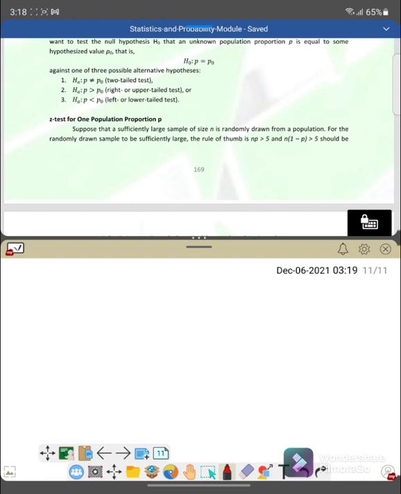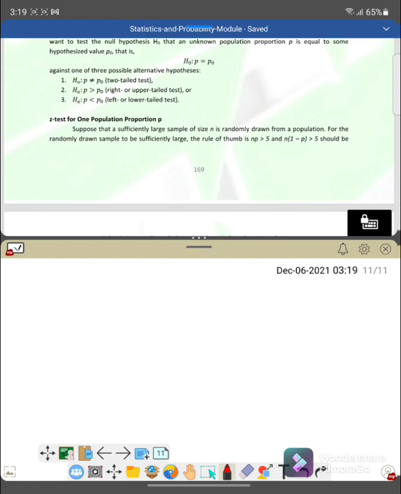Okay, three possible alternative hypotheses. Same as before, we have the not equal to for the non-directional or two-tailed test. We have the greater than, which is your population proportion is greater than your hypothesized population proportion, determined by your quantifier or your symbol greater than, and that is known as the right or upper tailed test.